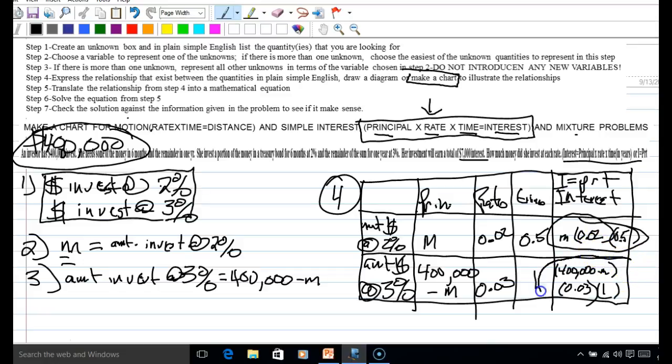This is the interest that she earned on the remaining amount of money, which is 400,000 minus M, at 3% for 1 year. Now, the total amount that she earned from both investments is equal to $7,000. So if I take the amount of interest she earned on the money that she invested at 2% for half a year and add that to the amount of interest she earned on the money invested at 3% for 1 year, that should give me a total of $7,000 in interest.